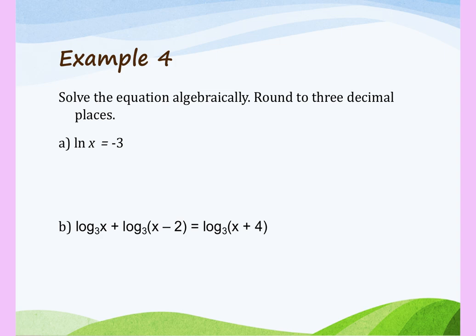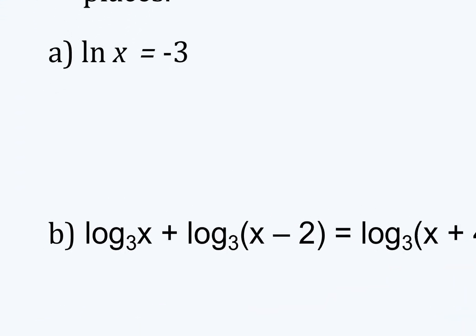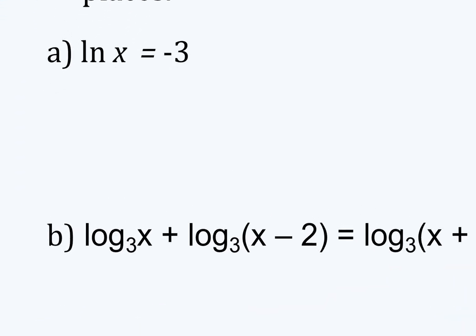Continuing with our logs, example 4, same set of instructions. A has ln of x equals -3. So I'm going to change this to log base e of x equals -3. e picks up the -3, drops off, leaving the x.